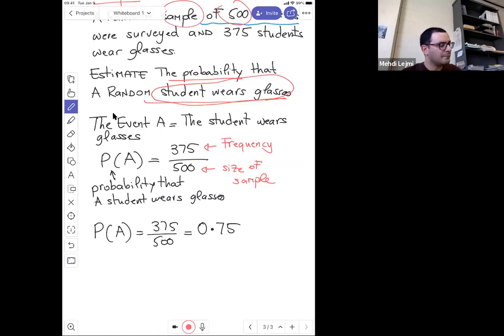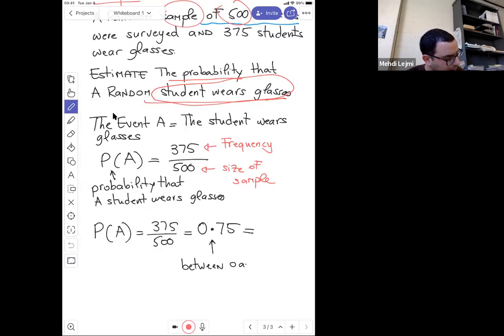The way to convert a decimal to a percentage, all you have to do, guys, is multiply by 100. As you can see, this 0.75 is a number between 0 and 1.